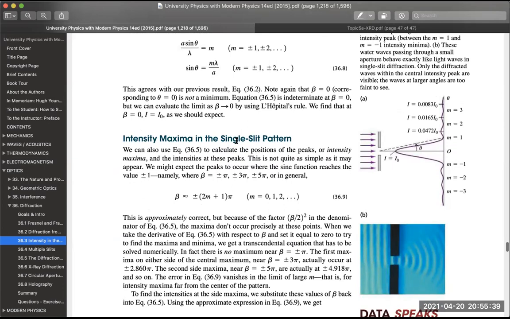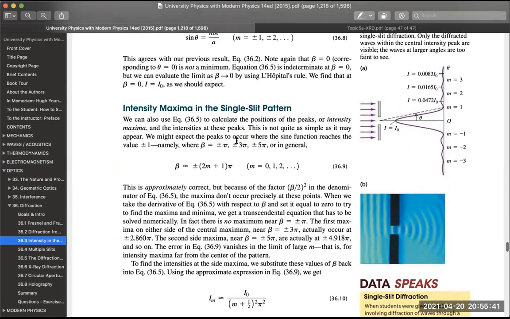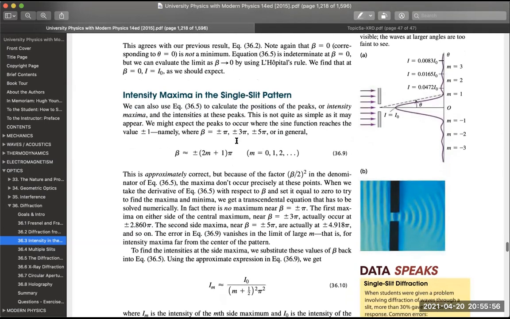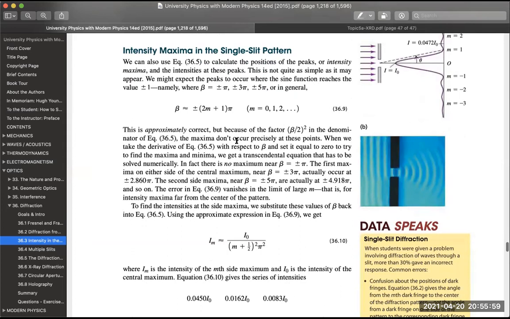This is why. We might expect maxima when sine of beta over 2 is 1. But there's the extra beta over 2 that modifies, because as we change beta, we're changing the denominator as well.